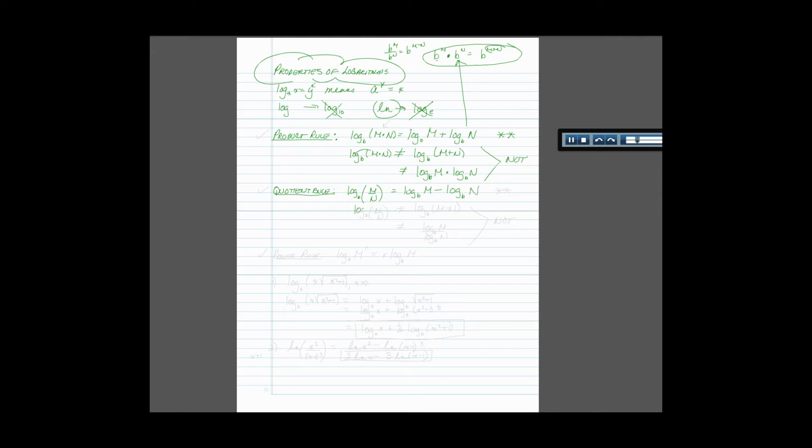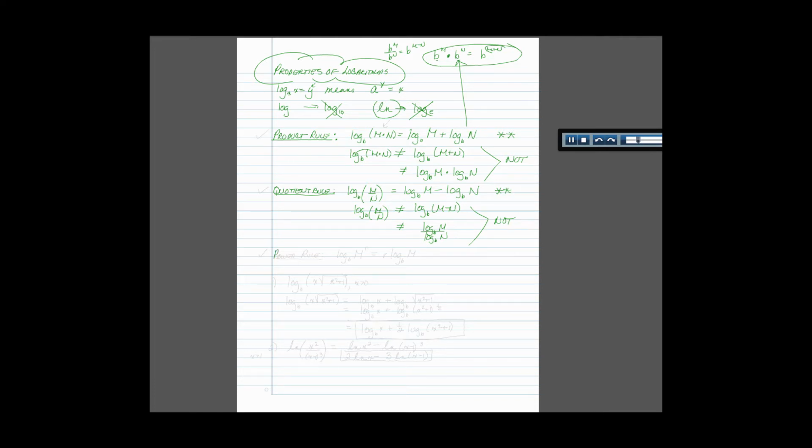Again, here is what it is not. Let's do m over n. It's not equal to the log base b of m minus n, like that. That doesn't make sense. But it's also not equal to the log base b of m divided by the log base b of n. It's not a distributive property. So again, these are what it is not. This is what it is.